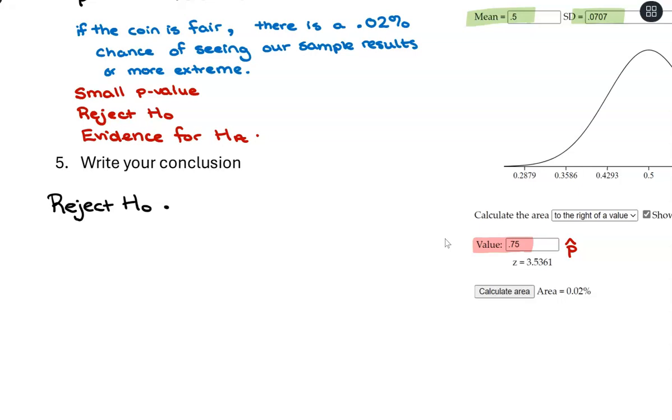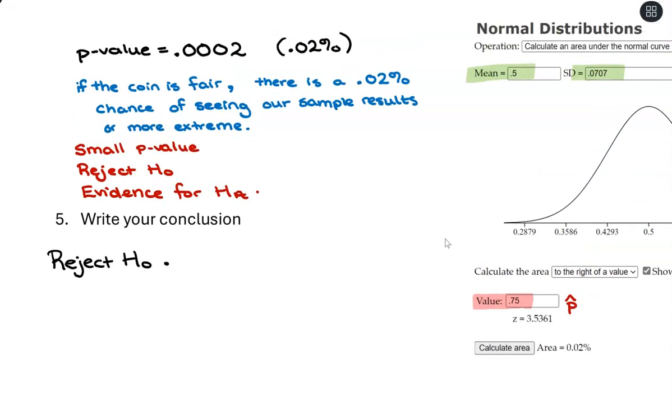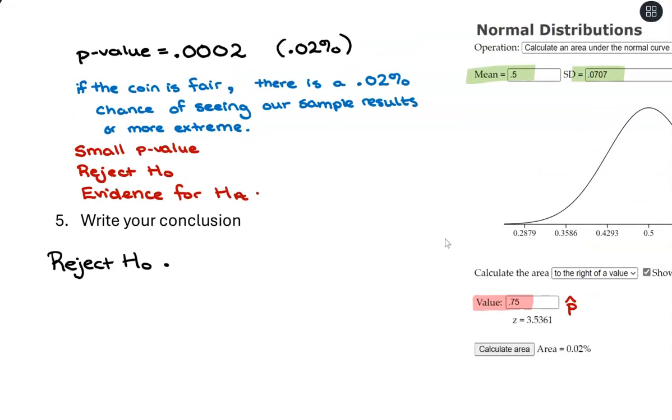Then what I want to do is make a sentence where I include the p-value because that's our evidence. So like I said, if the coin is fair, there's a 0.02% chance of seeing our sample result or more extreme. It's not impossible for that to happen if the coin is fair. It's just so incredibly unlikely that we're thinking that's not the case here, that we have an unfair coin.